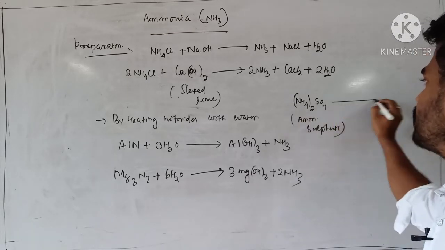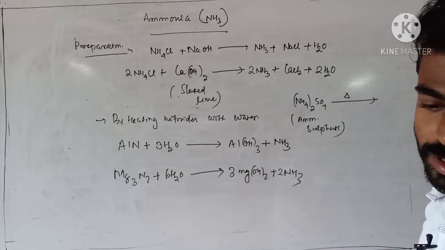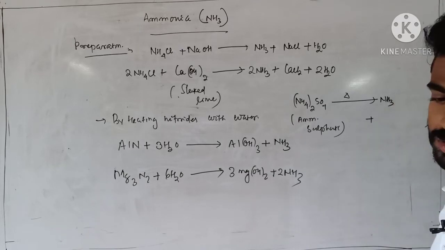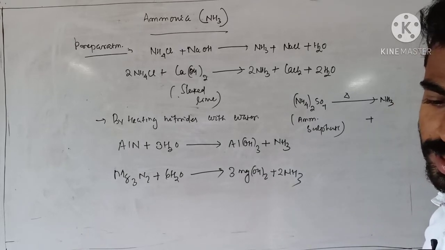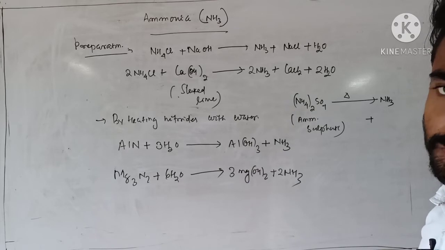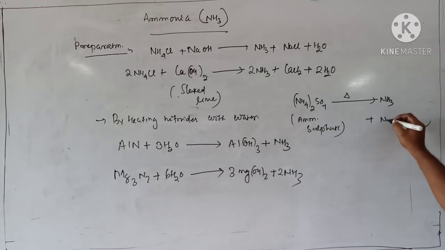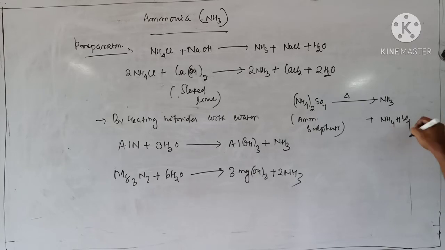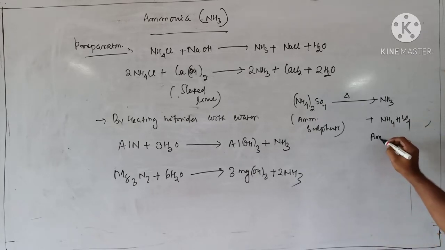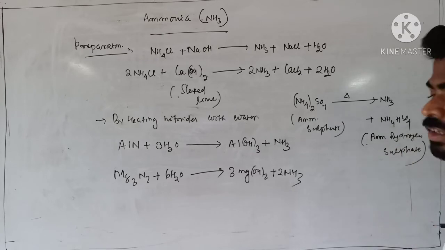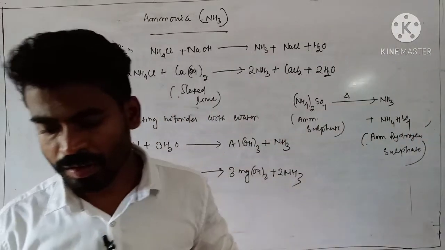If you heat this ammonium sulfate, (NH4)2SO4, it will give you NH3, ammonia, plus NH4HSO4, ammonium hydrogen sulfate. This is also another method of preparation of ammonia.